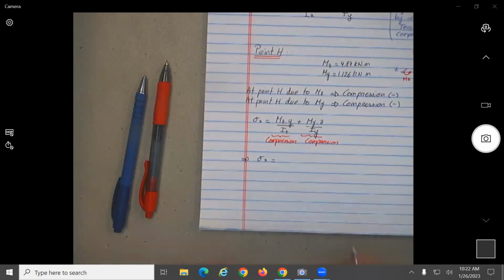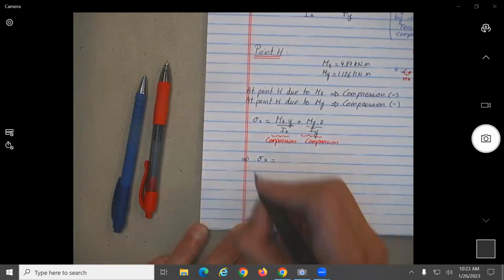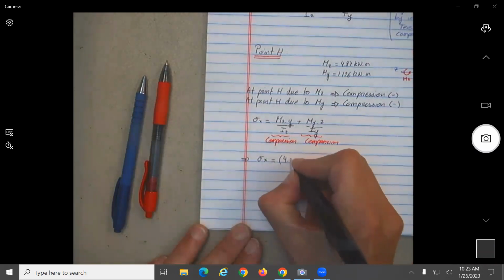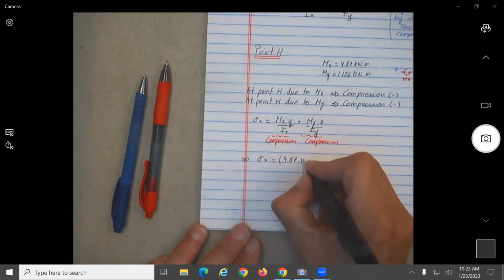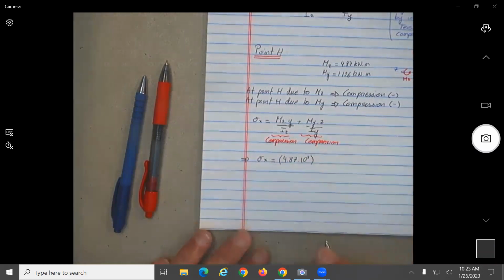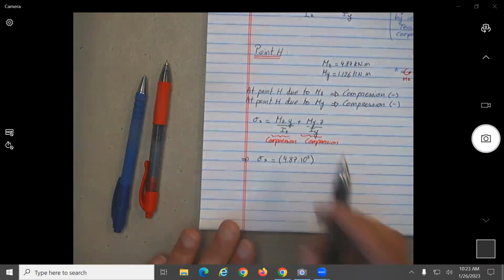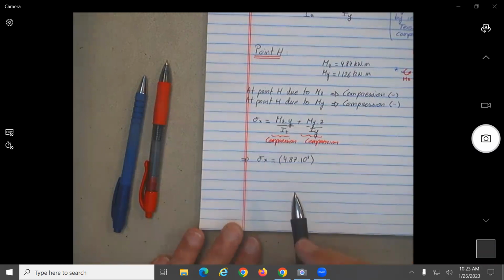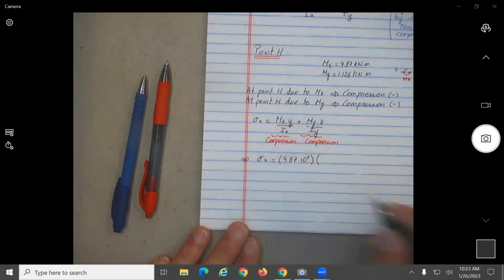Okay, so what would be the result right here? What do we have for MZ? 4.87, times 10 to the 3 to move to newtons. What is Y? Just give me the magnitude because we don't care about the sign. I think we said it was D over 2.